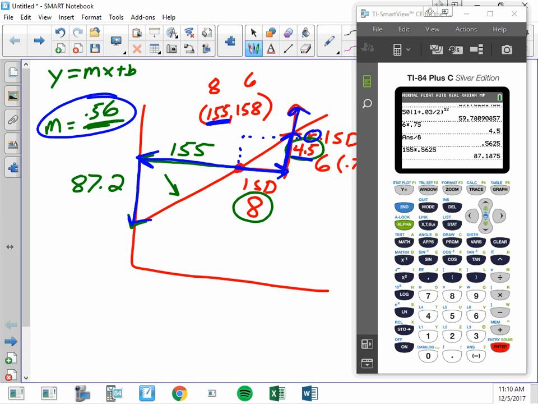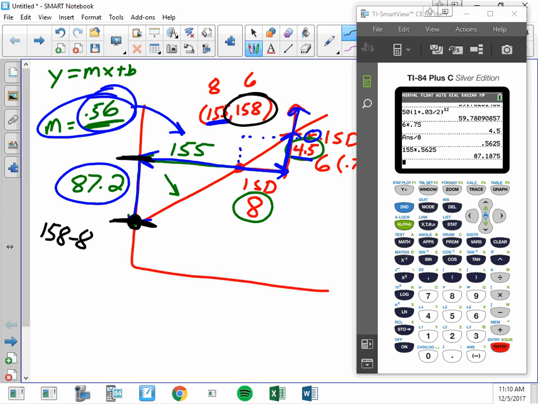So when I multiply this number by that number, I get this. And that just represents the distance from here to here. But I started at 158. So the y-intercept is just 158 minus 87.2.